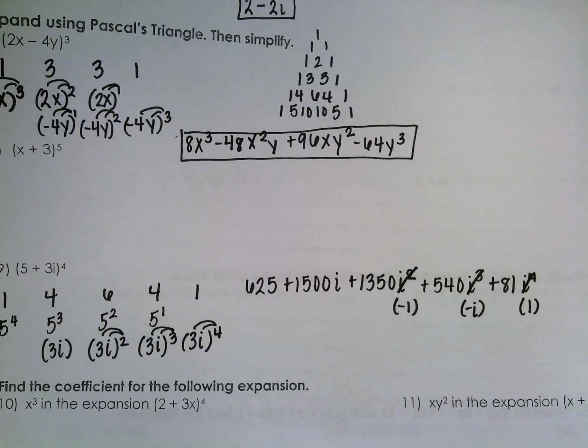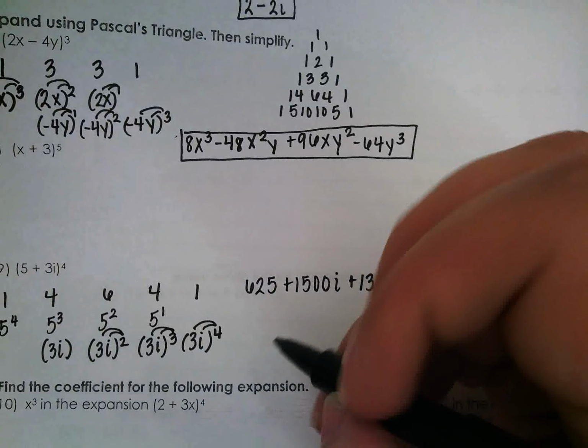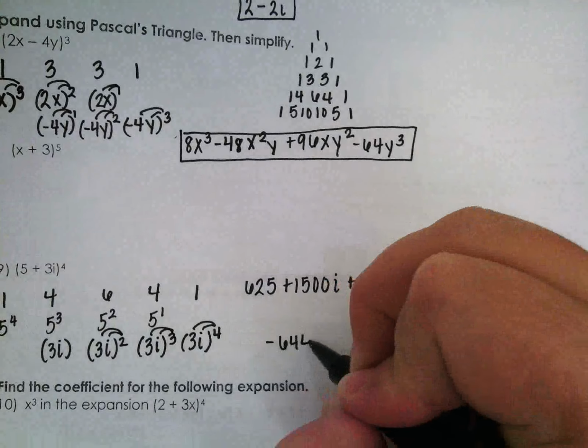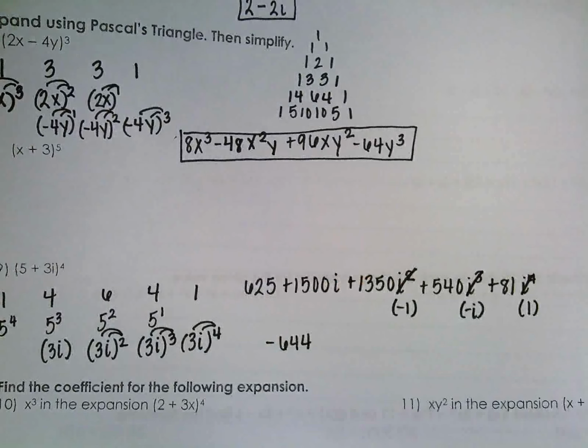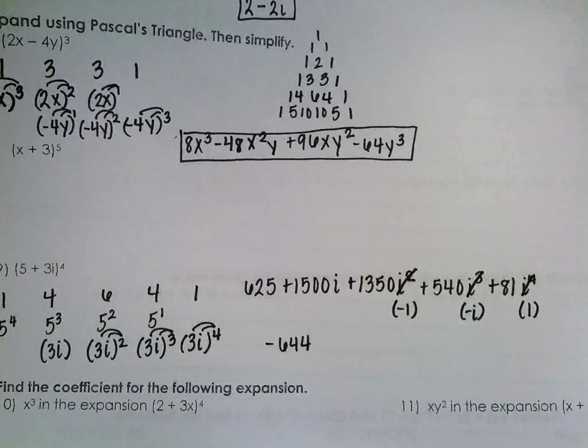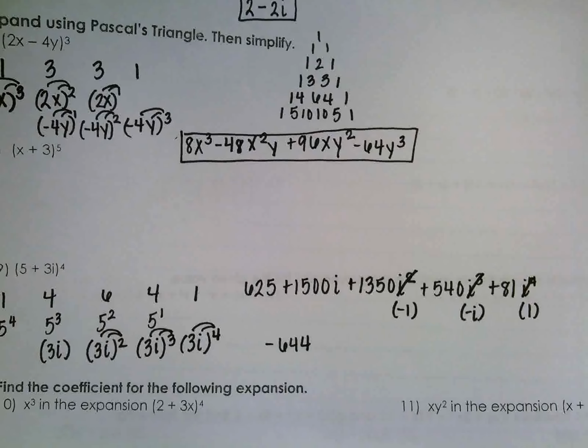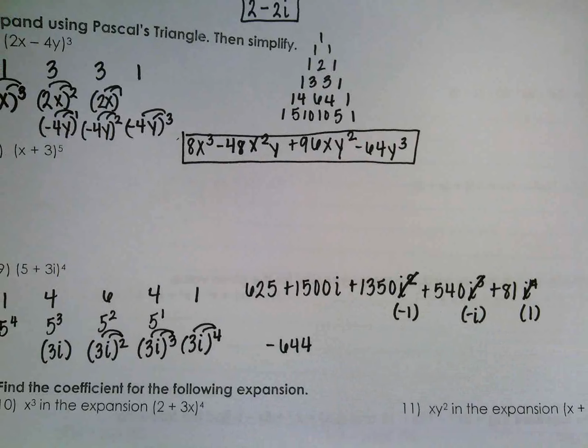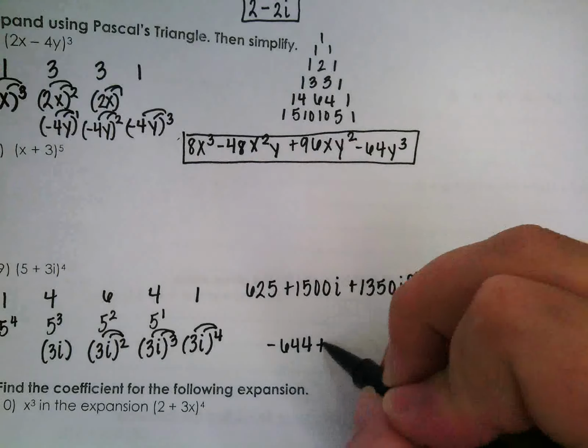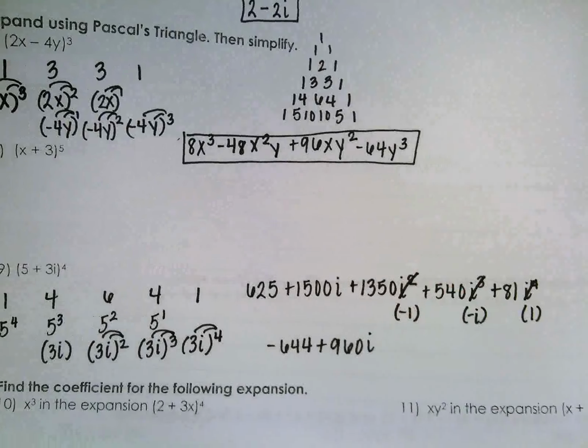And then I've got plus 81. So those are all my real terms, and I get -644. Now for my imaginary terms, I've got 1,500i minus 540i, because of that negative i right there. So 1,500 minus 540 is 960, so I've got 960i.